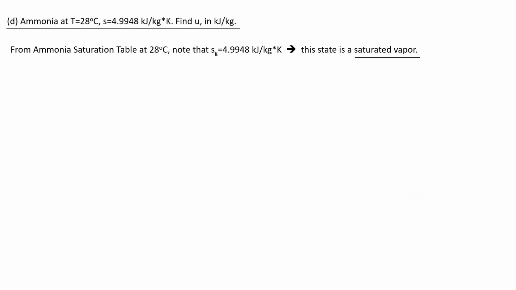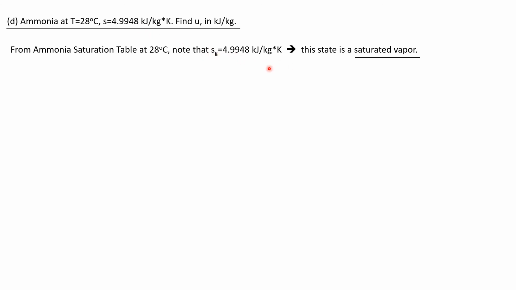The final part of this problem is for ammonia, which we are given at 28 degrees C, and we're given this specific entropy. It's 4.9948 kilojoules per kilogram K, and in this case, we want to find the internal energy. So we'll go to the ammonia saturation table at 28 degrees C, and we'll look at the value for entropy at the saturated vapor, and it's 4.9948, exactly the value we were given.